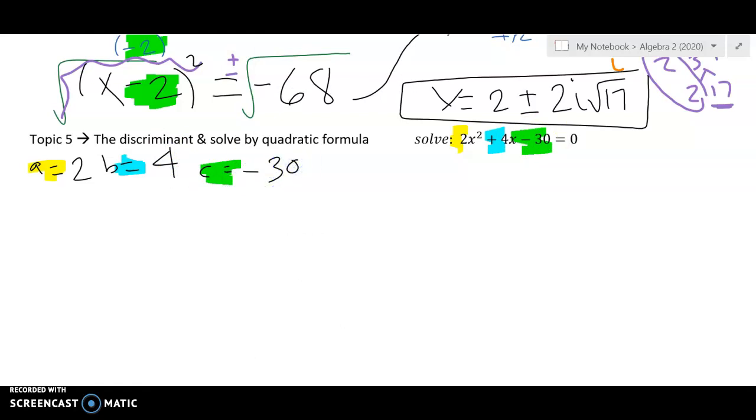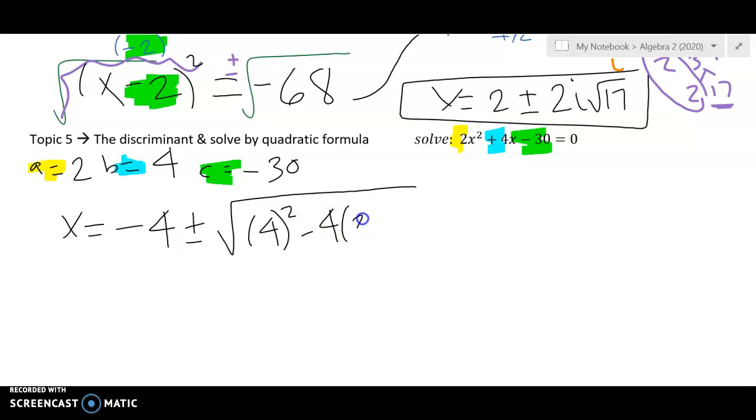So I'm going to go ahead and use my formula. You could just write it down at the top of your paper and use that each time. Make sure you're using the right formula. So x equals negative b, so negative 4, plus or minus the square root of b squared minus 4 times a times c, all over 2 times a.